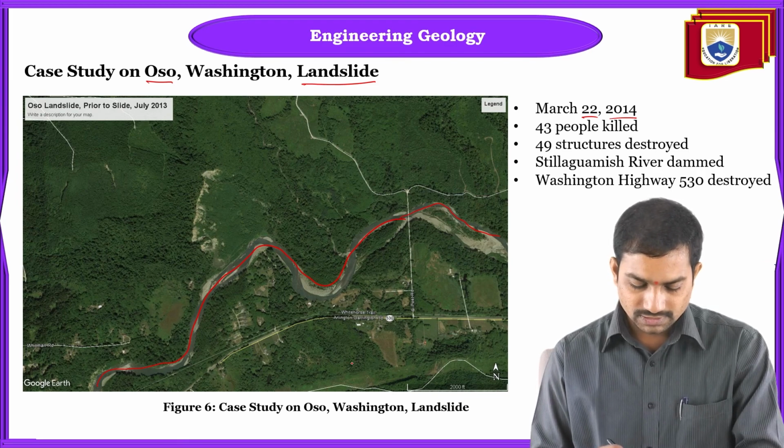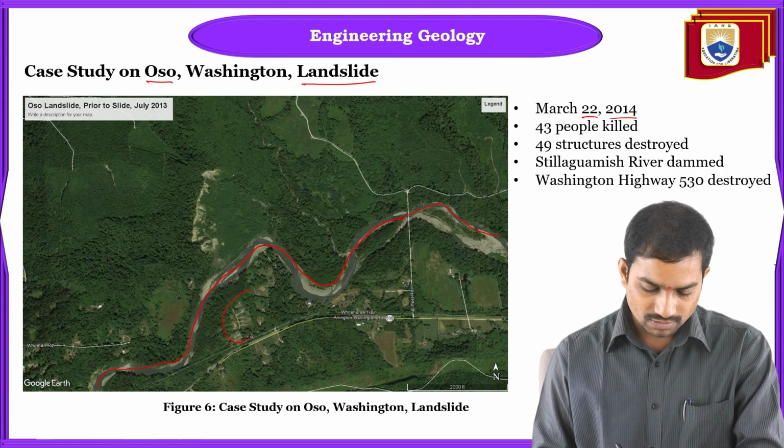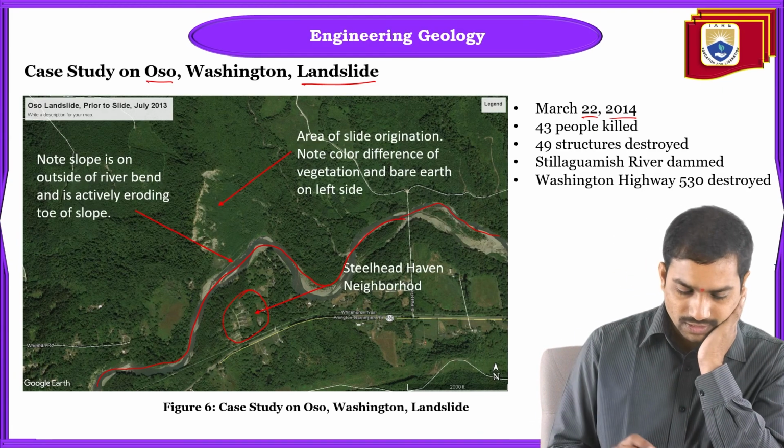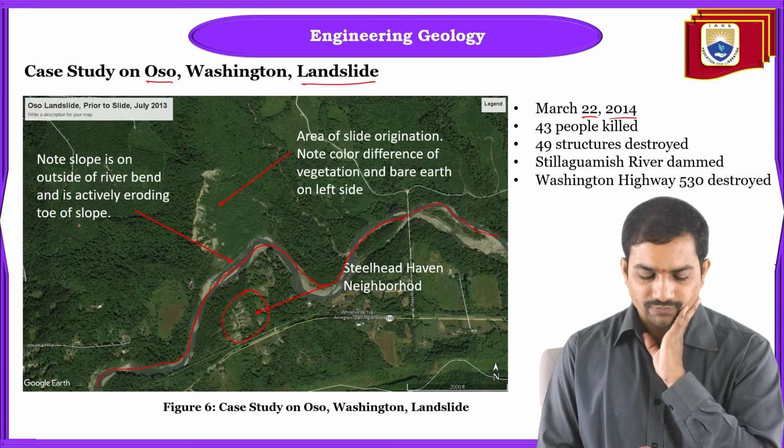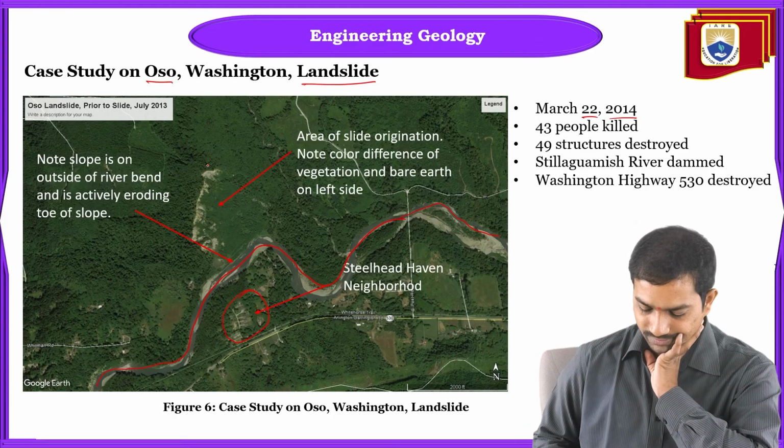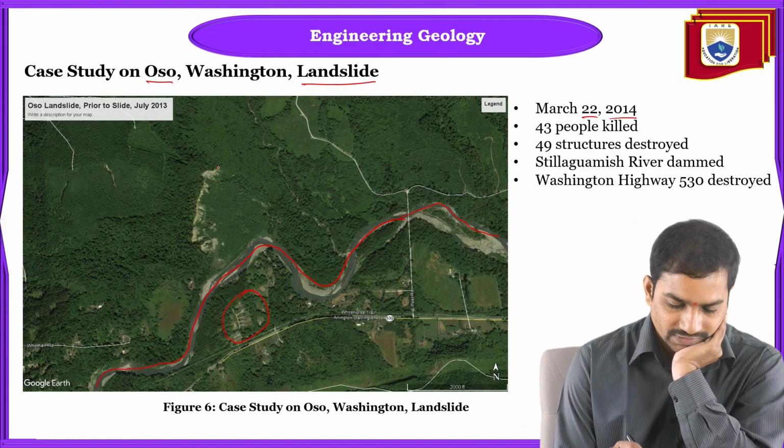We can see there are some residences here. This is the slope outside the river bend, an actively eroding toe. We can see from the previous slide that there is some sliding which is happening slowly or gradually.